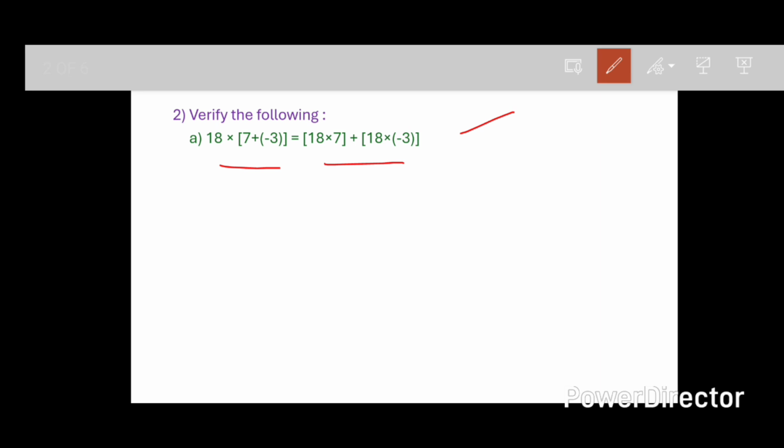This is distributive property of multiplication over addition. Okay, I already told this thing. First we should see this part, the answer how much. Let me see. 18 into 7 plus of minus 3 is there. Okay, first 18 as it is into 7 plus into minus becomes minus, then 3.